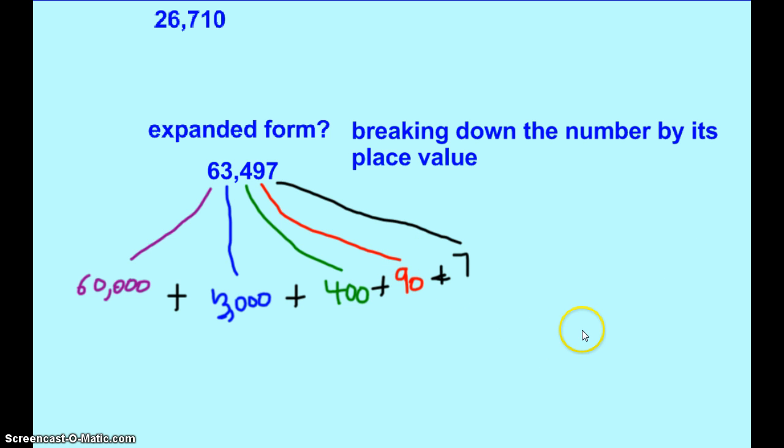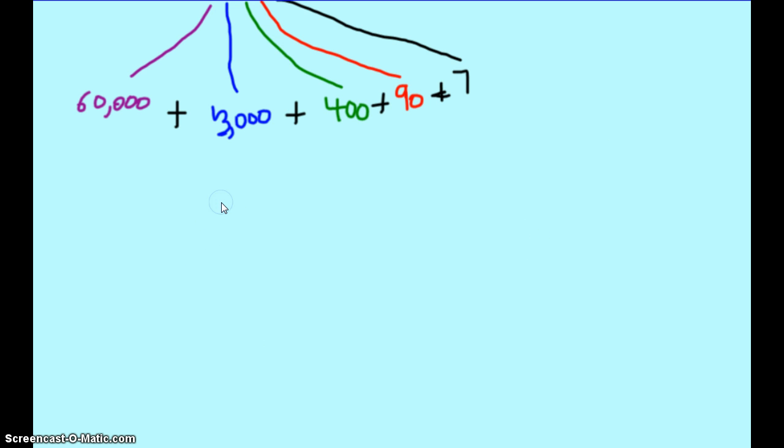A tip that we talked about in class, if you have a number and you do not know the place value of a digit, so if we had the number 345,857 and we were looking at the 3 and trying to figure out its value, remember, our tip was that we can write a 1 underneath the place value we're interested in.